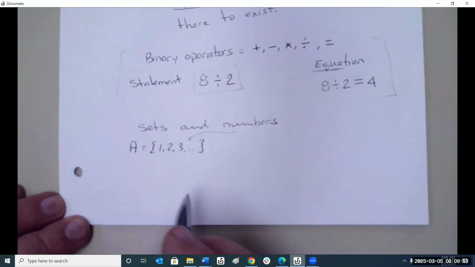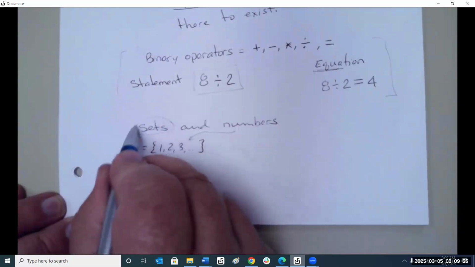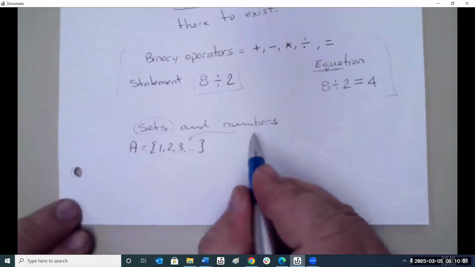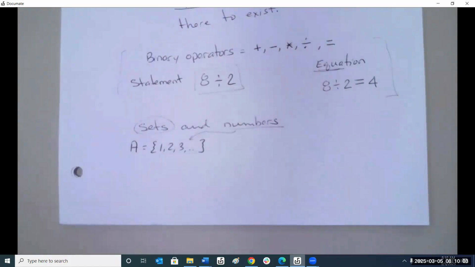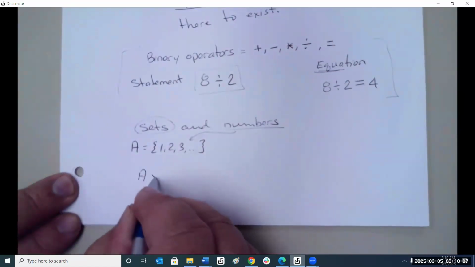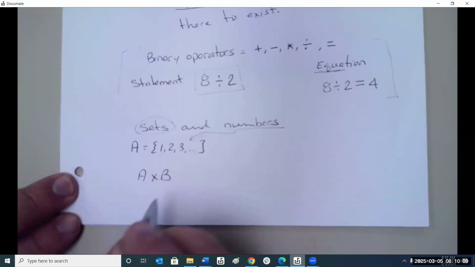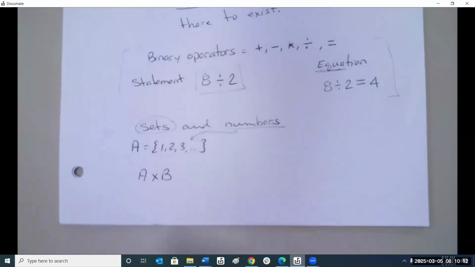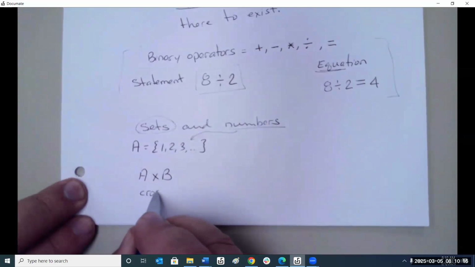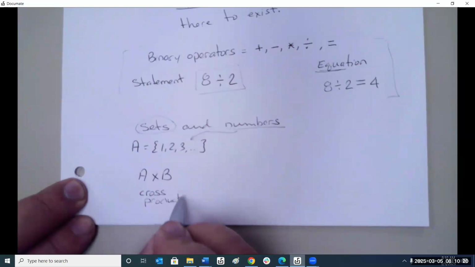Why is this important? Because when we talk about sets, we can have multiplication of sets, but it's not the same as multiplication of numbers. If we had two sets A and B, this is called the cross product.